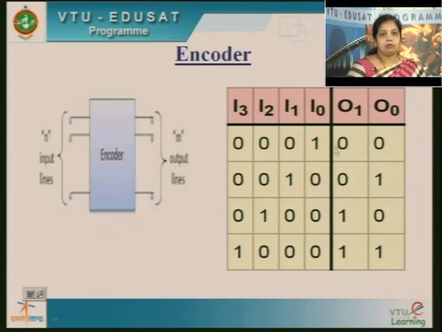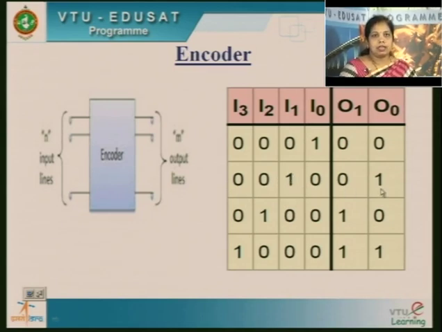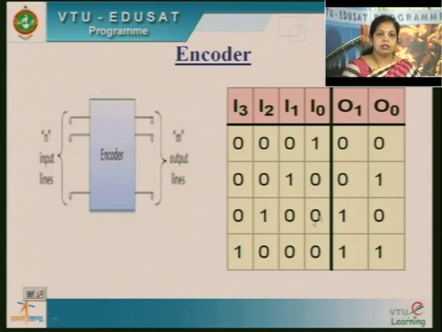In the second case, if I make I0, I2, I3 zeros and I1 logic 1, my code will be generated as 0 and 1. Similarly for I2, the code generated is 1 and 0. Here the code is 1 and 1. So you will be generating particular codes at the output lines.